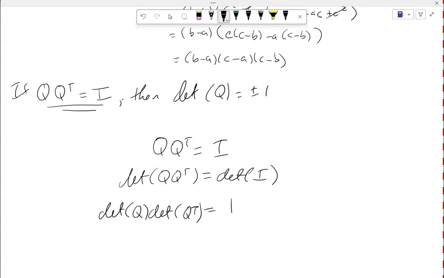And what do you know about a determinant of a matrix and determinant of its transpose? They're equal to each other, right? So now I just have determinant of Q squared equals 1. So what should I do to both sides of the equation? Take the square root, yeah. When you take square root of both sides of the equation, you get plus or minus. That's where the plus or minus one comes from.